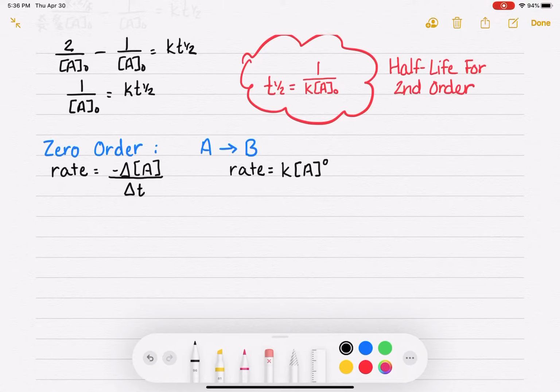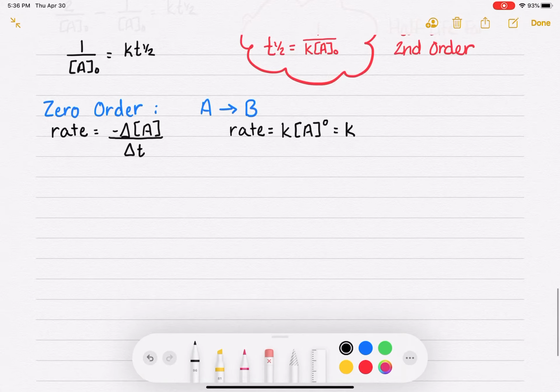And as a reminder, in this situation, we know that the exponent is zero because it's a zero order reaction. So because A to the zero just equals 1, sometimes maybe we would want to simplify this rate law to just be k.